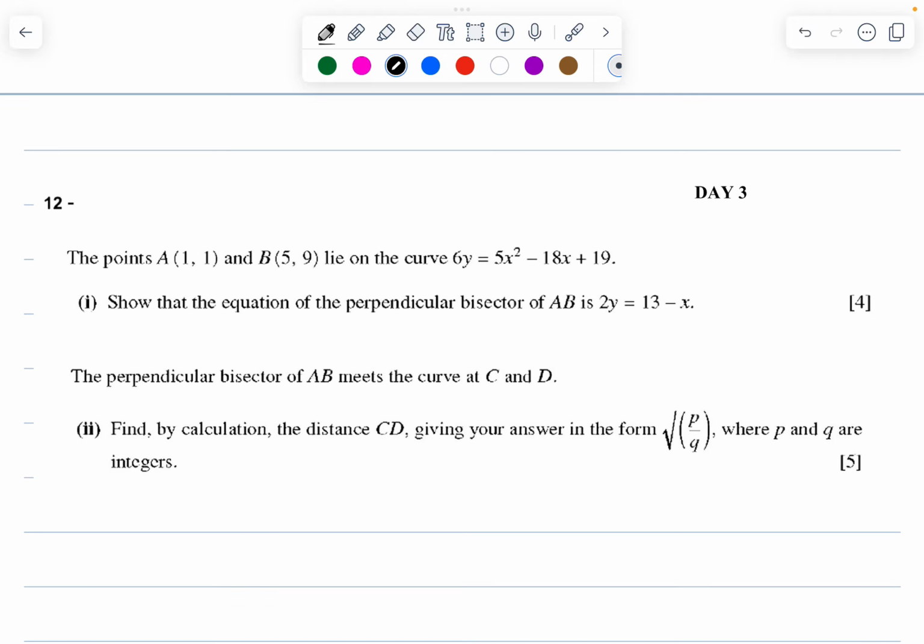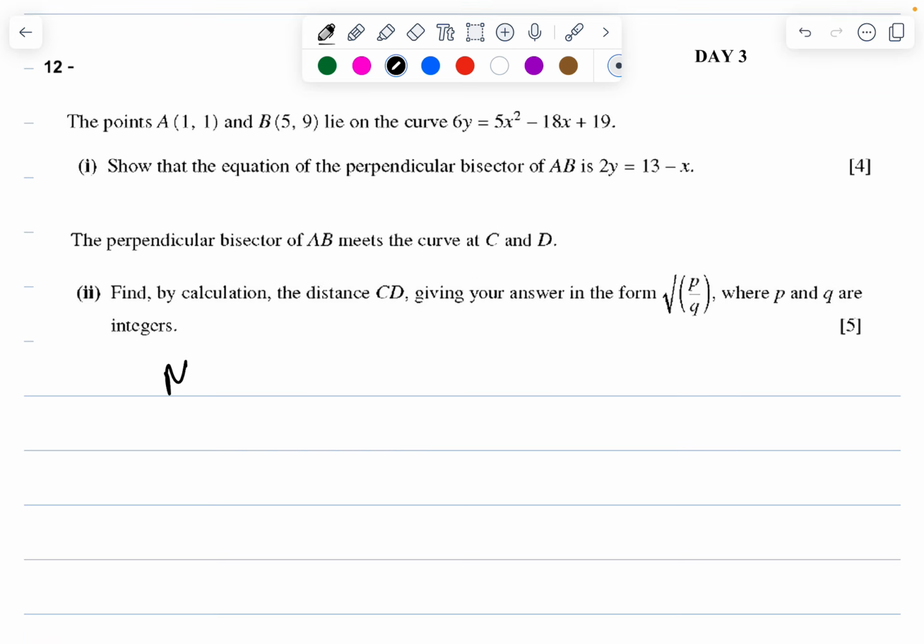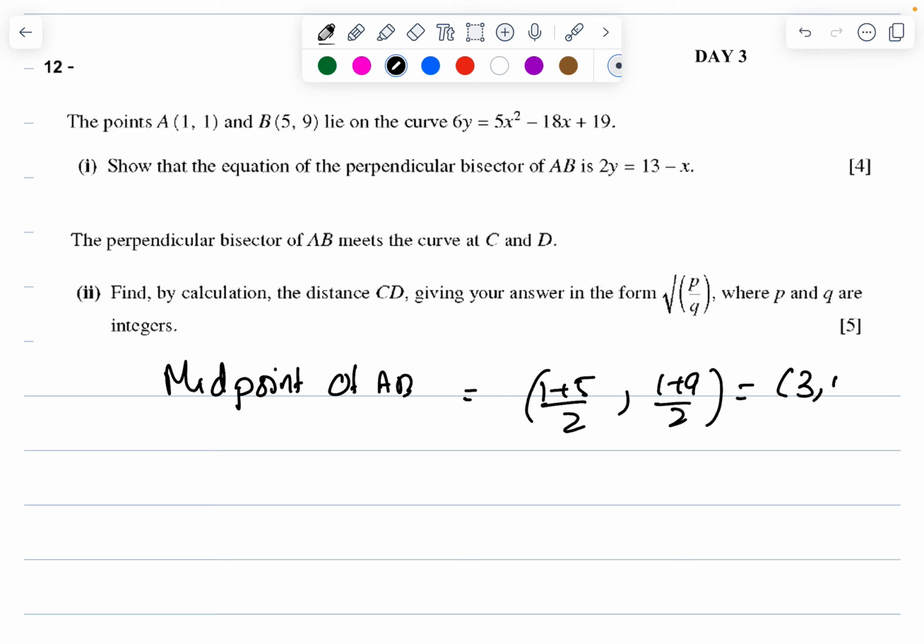Coming to question number 12. The points A and B are given and the curve; this one shows the perpendicular bisector of AB. So what am I going to do? First of all, I am going to find the midpoint of AB, which is (1 plus 5)/2 comma (1 plus 9)/2, which is going to be 3 comma 5.